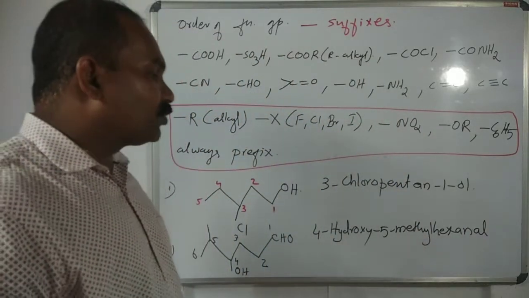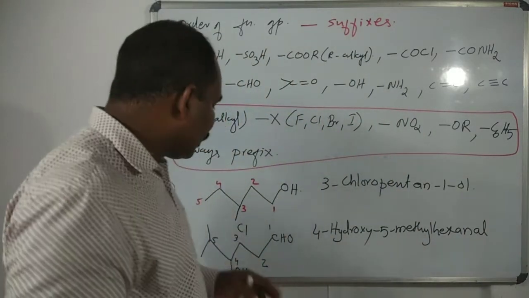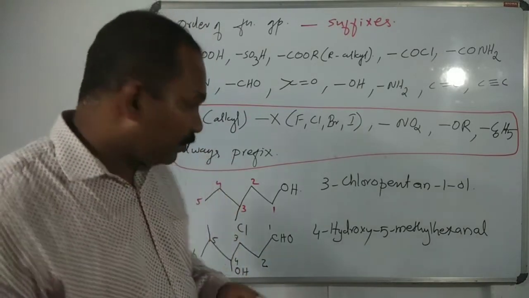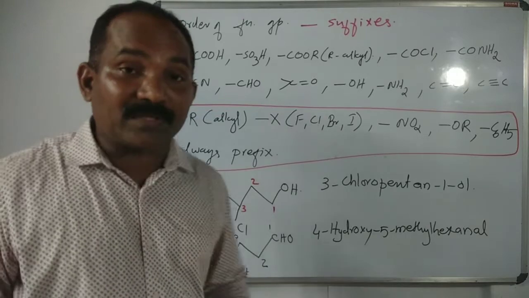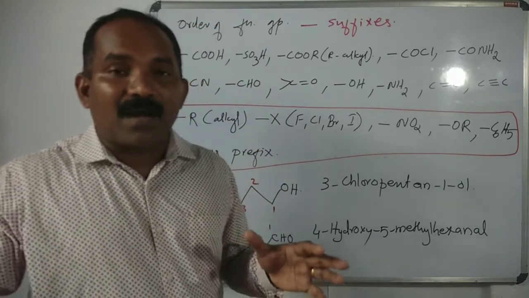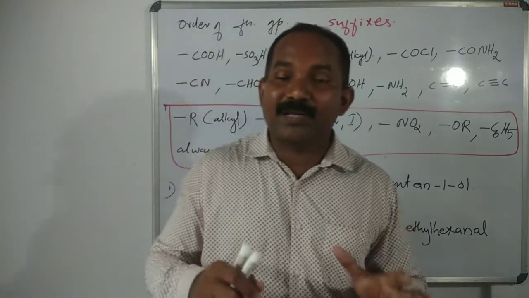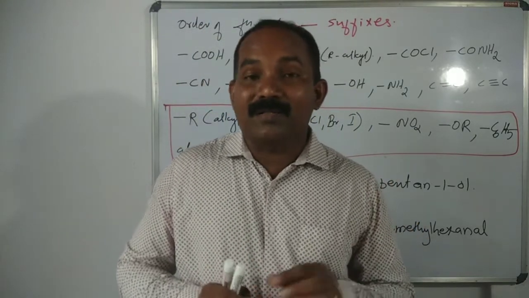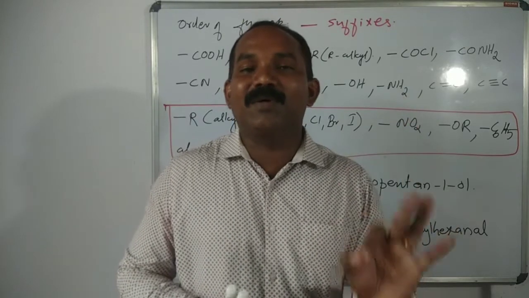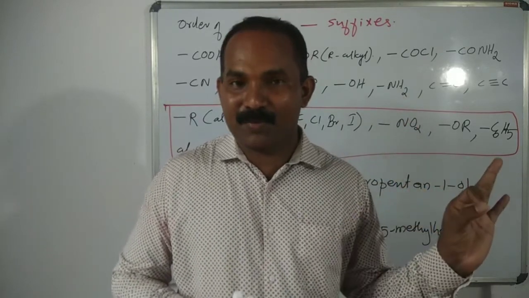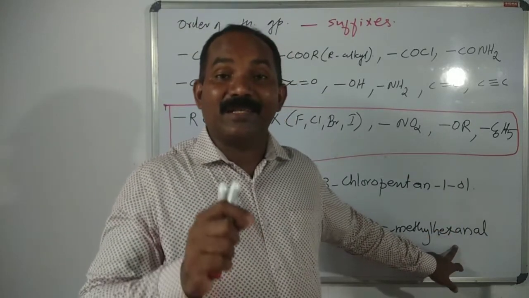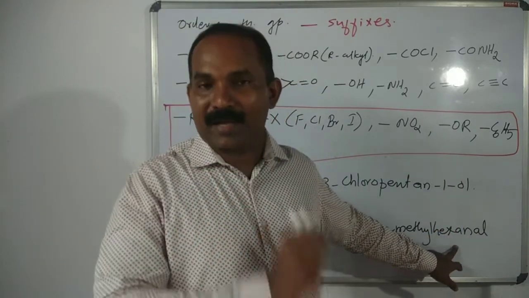Some students have a doubt: sir, why is it not hexan-1-al? Because the aldehyde group is present in the first position. Remember that if the aldehyde group is the principal functional group, the number 1 is given to the aldehyde group. That's why we don't write the position in the case of aldehyde.